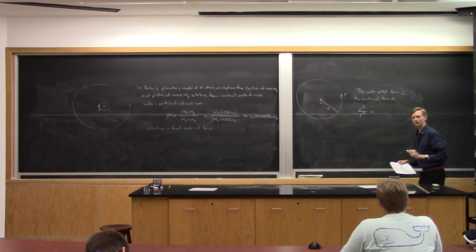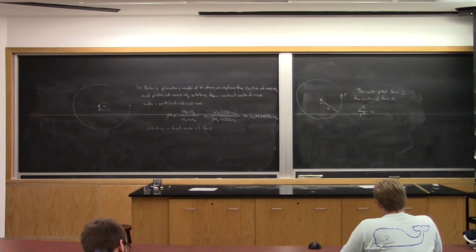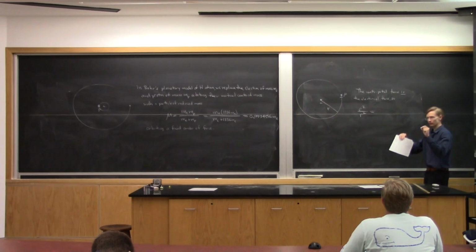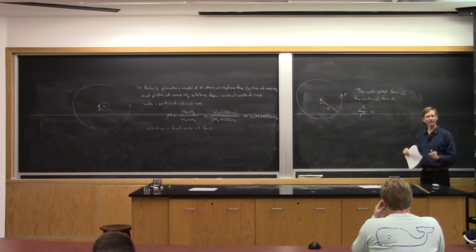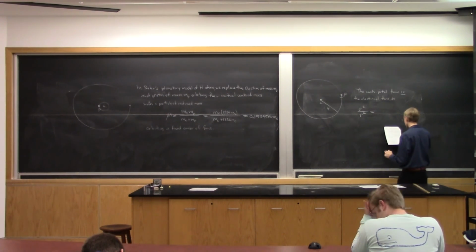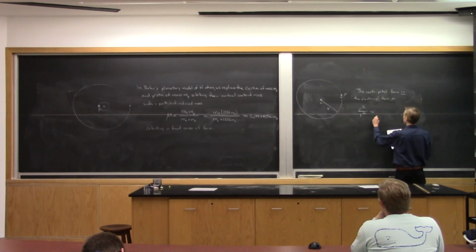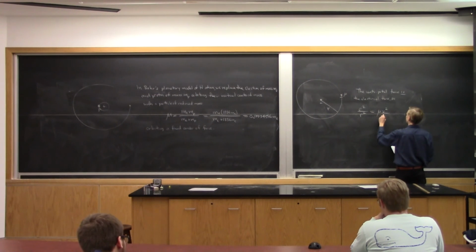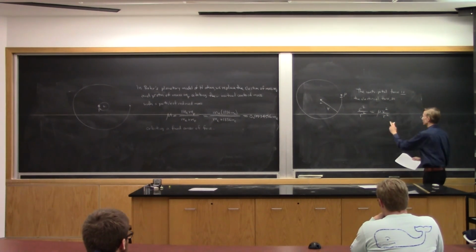E squared over R squared. In CGS units, the force is just Q1 Q2 over R squared, so E squared over R squared in magnitude, because both charges are charge E, plus E and minus E. E squared over R squared is equal to mu v squared over R, right?